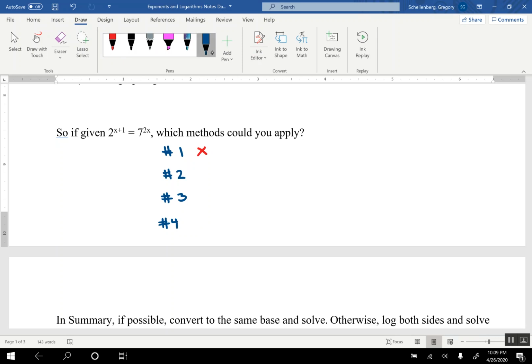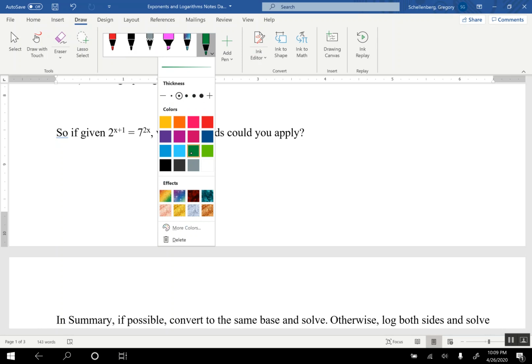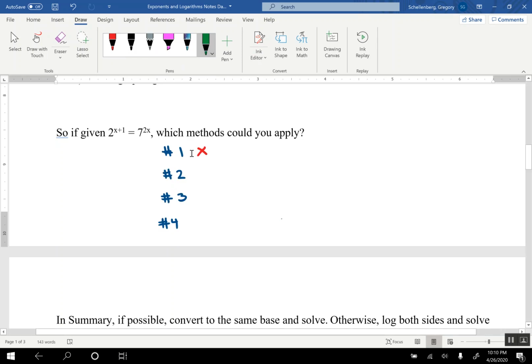But the remaining 3 would work. With varying degrees of difficulty, we could take the base 10 logarithm of both sides and solve this. We could take strategy number 3, the base anything logarithm of both sides, so that would work. And we could also graph this and find the x-coordinate of the intersection points.